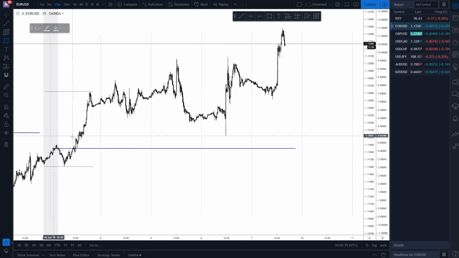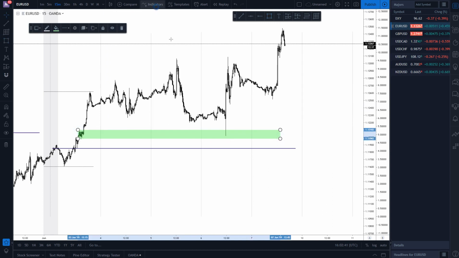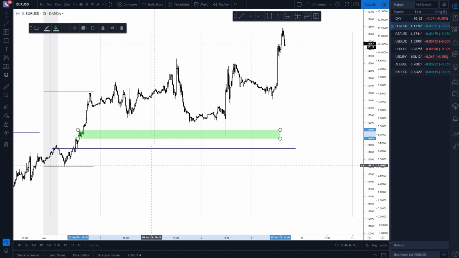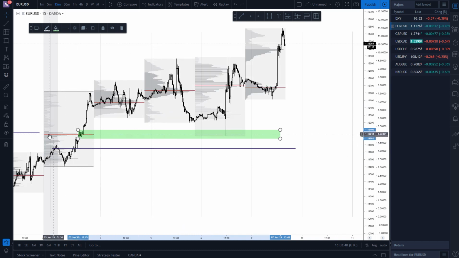We have a demand zone right here. Very quickly I will slap my profiles here as well. We have a naked POC from Monday. This is getting tested.